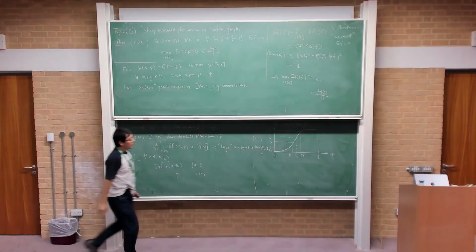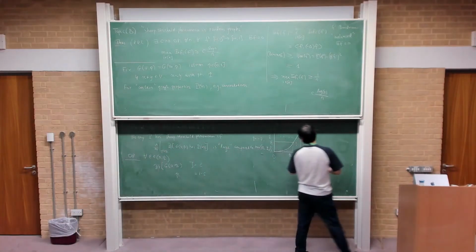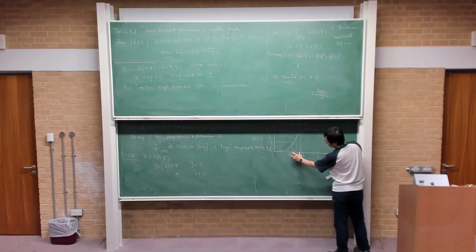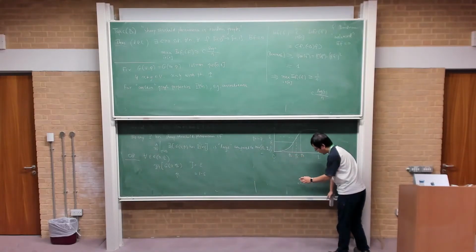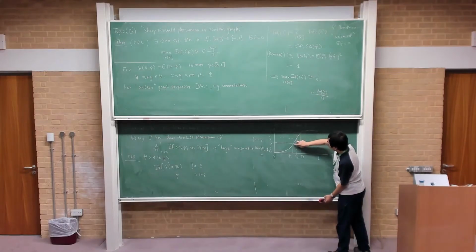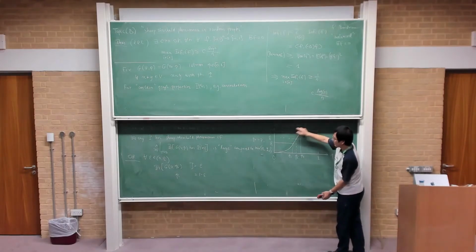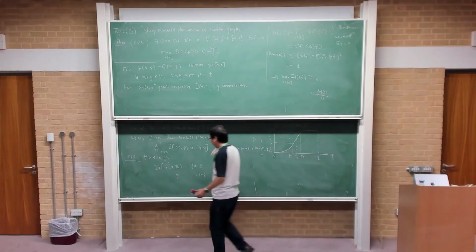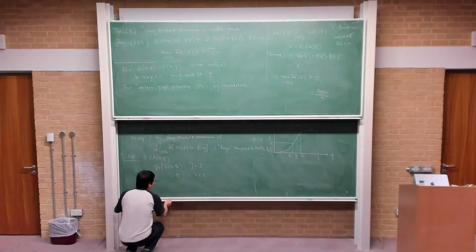Then you compare the length of this interval, which is the interval around the critical point, and you look at this rate of change from epsilon to 1 minus epsilon.